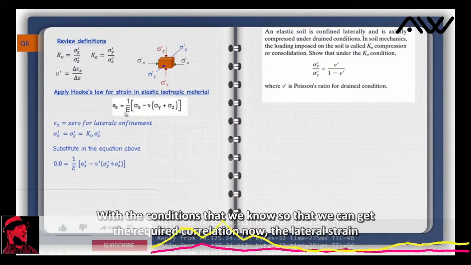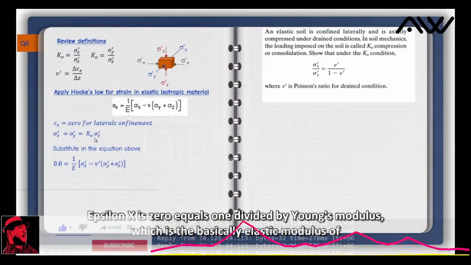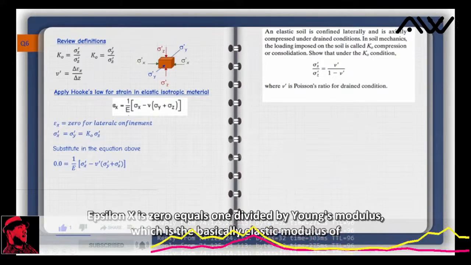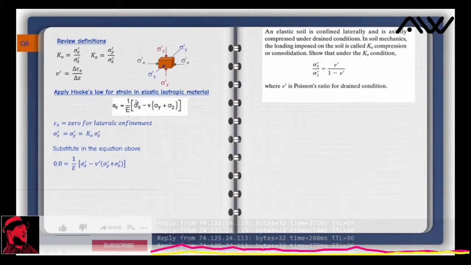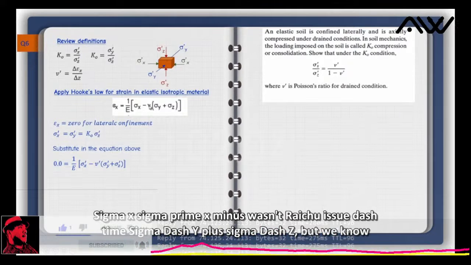Now the lateral strain epsilon X is 0, equals 1 divided by Young's modulus, which is basically the elastic modulus of the material in this isotropic condition, times sigma dash X minus Poisson's ratio times sigma dash Y plus sigma dash Z.